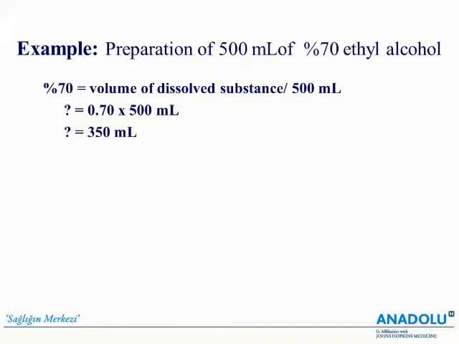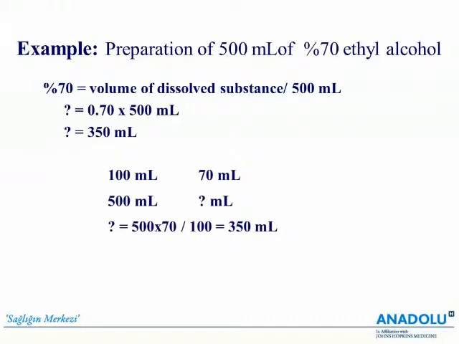Let's try another example. This would be preparation of 500 milliliters of a 70% ethyl alcohol. Again, we know the percent of ethyl alcohol and we know how much we want to prepare. So we're trying to find out how much alcohol we should put. And in the formula, we find that the result is 350 milliliters.